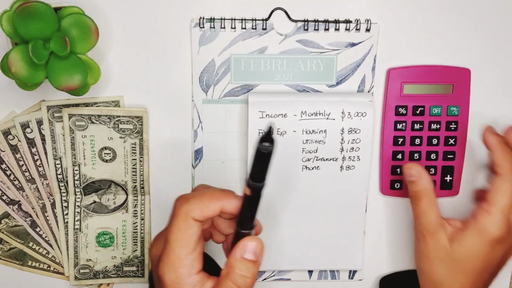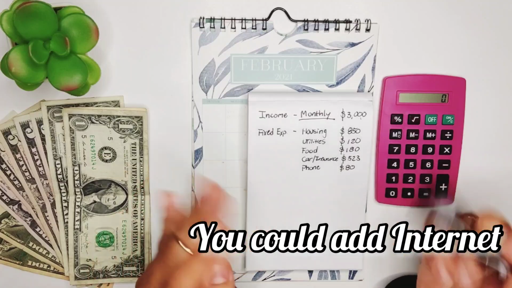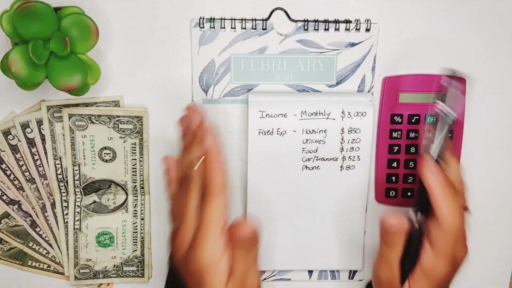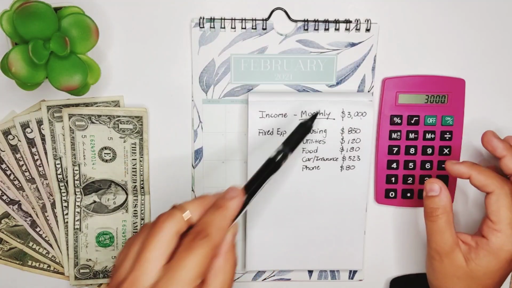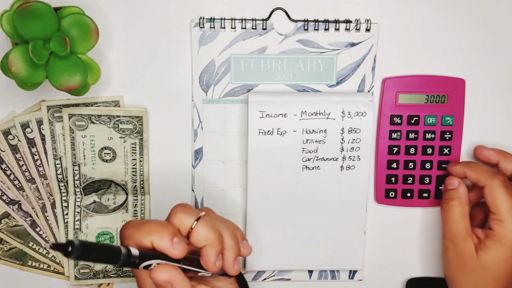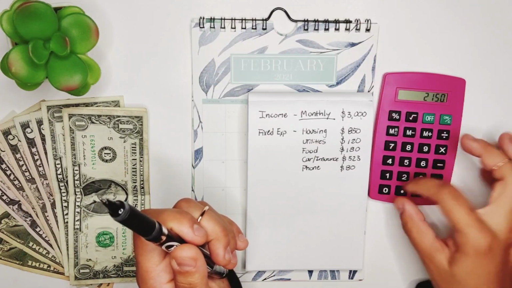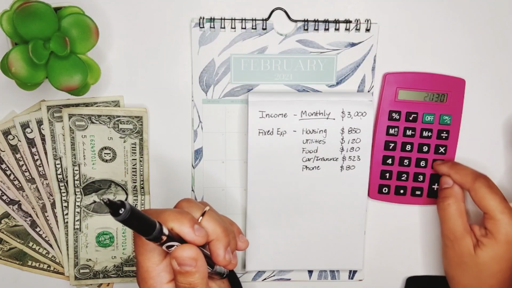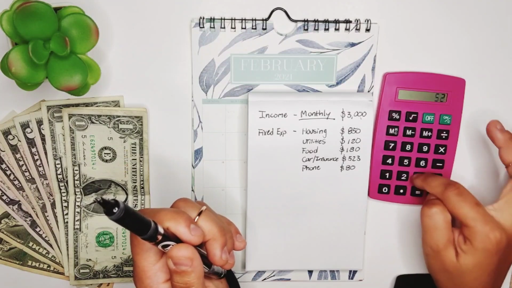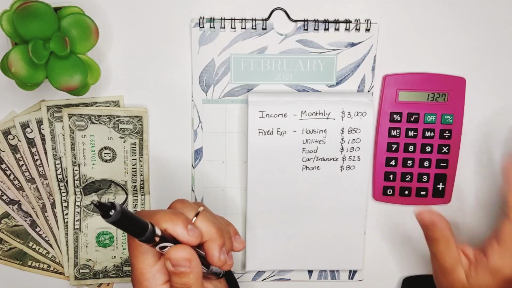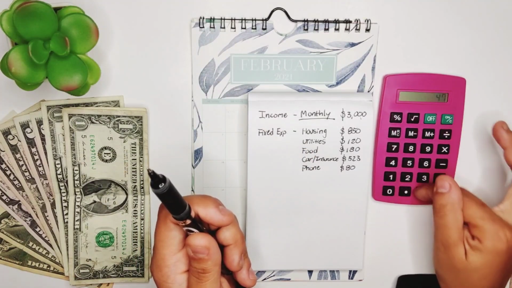So I have my calculator over here, and now that we have our fixed expenses, the things that we need in order to live our day-to-day life, we have $3,000, which is that monthly income that we get, minusing our $850 from the housing, $120 from the utilities, $180 from the food, $523 from the car insurance and car loan, and then also $80 from the phone.